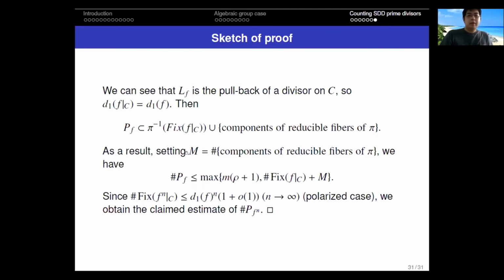As a result, we set the number of components of reducible fibers of pi by m. Then we can obtain the bound of PF. PF is bounded by m times rho plus 1, or else bounded by the number of fixed points of Fc plus n.